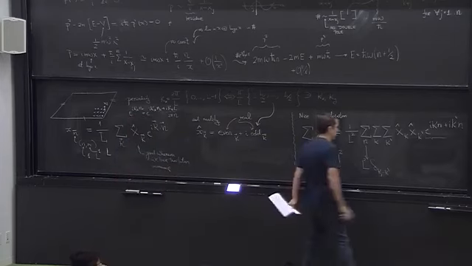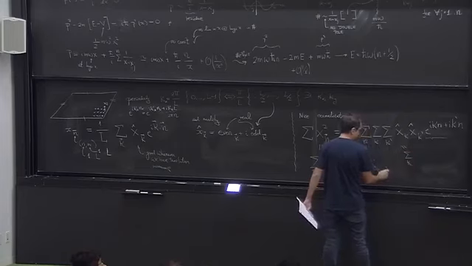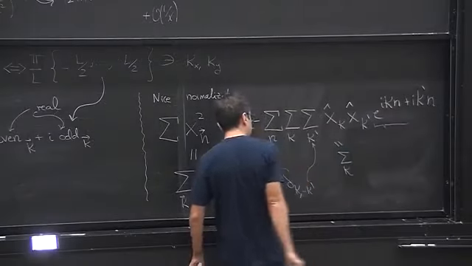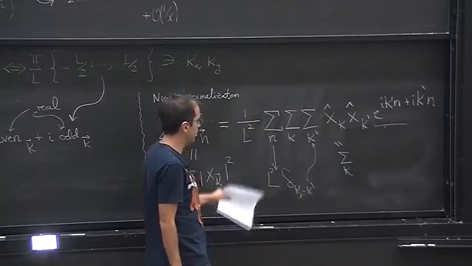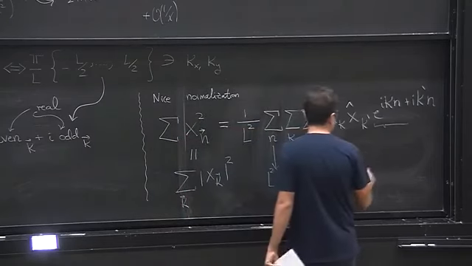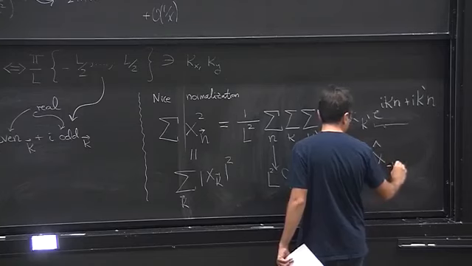And therefore, what do we get? This becomes a sum over k only, because the fact that k prime is minus k gets rid of this sum. So suddenly we did the sum over n, we did the sum over k prime, and we got just the sum over k of x hat k, x hat minus k.